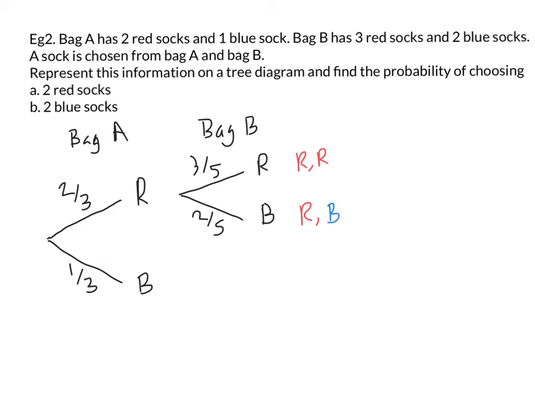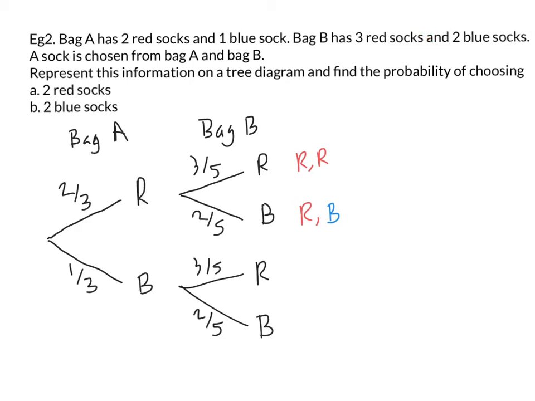So what if we get a blue sock? What can happen there? On the first go we get blue, but on the second go we're free to get a red or a blue again. Chances of getting red is 3 out of 5 and blue 2 out of 5. Remember, this is representing the second bag, so looking at these probabilities.